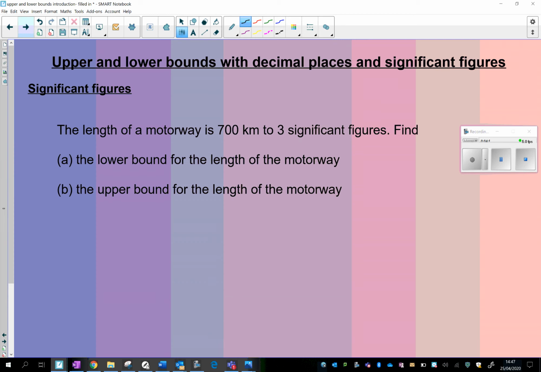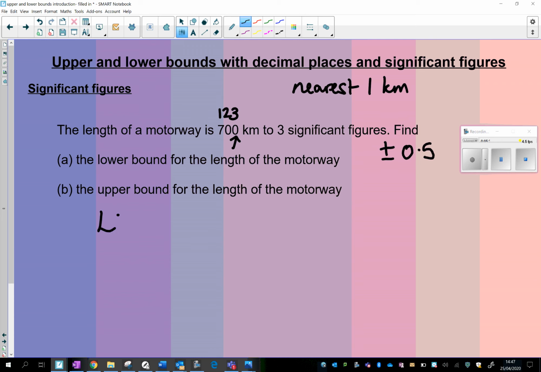If we look at the third example here, we've got 700 kilometers, this time to three significant figures. You should be able to see where we're going now. So the third significant figure, remember we count 1, 2, 3, is in this column here, and that's the units or the ones column. So this time it's been rounded to the nearest 1 kilometer. So we're going to add and subtract half of 1, which is 0.5.